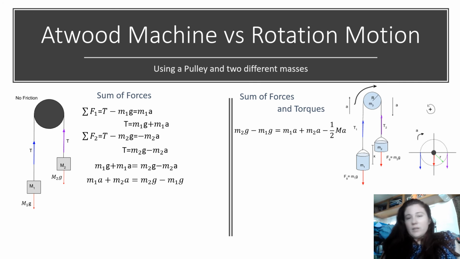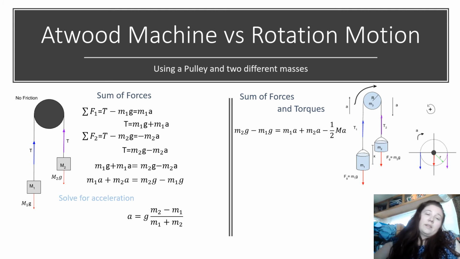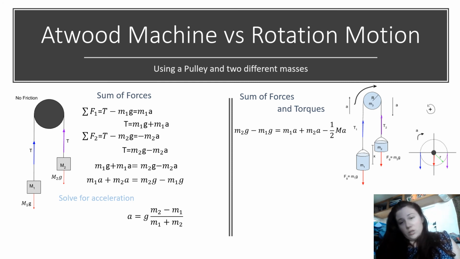Now we see some similarities here, but let's solve for acceleration so we can really see the difference between the Atwood machine and rotational motion. Solving for the acceleration, we've got the acceleration is equal to gravity times mass 2 minus mass 1 over mass 1 plus mass 2.